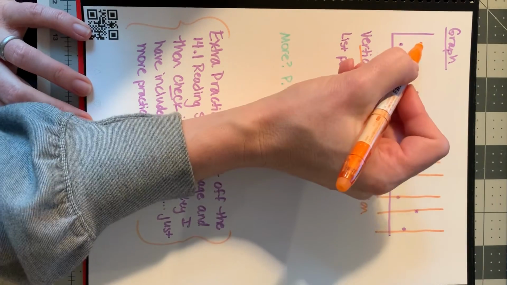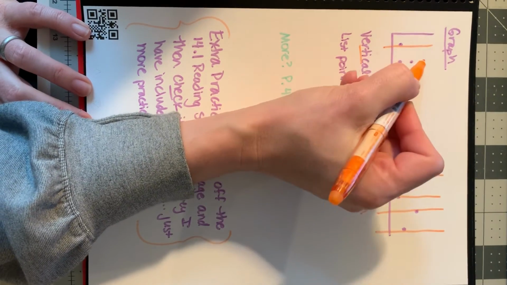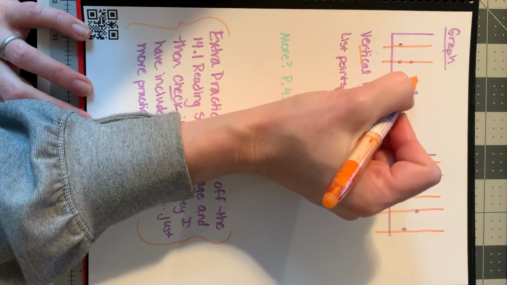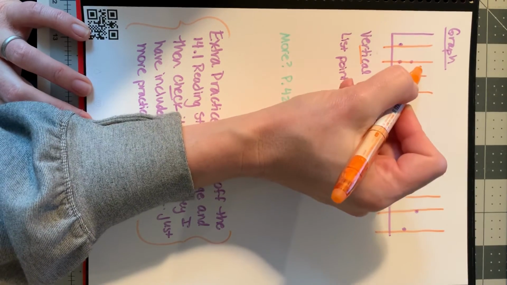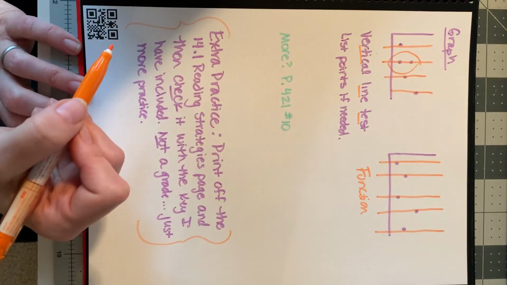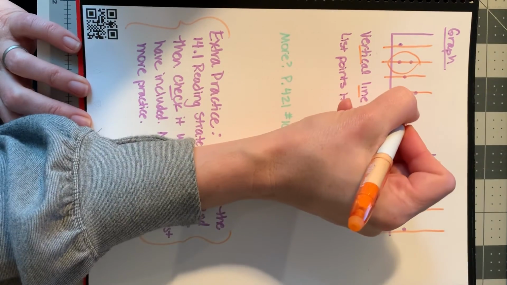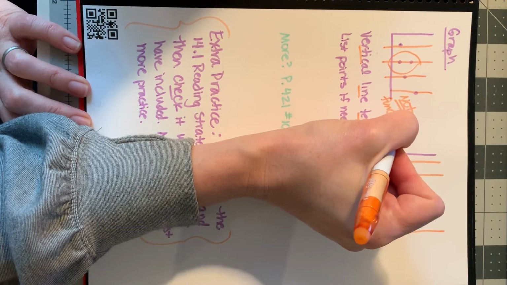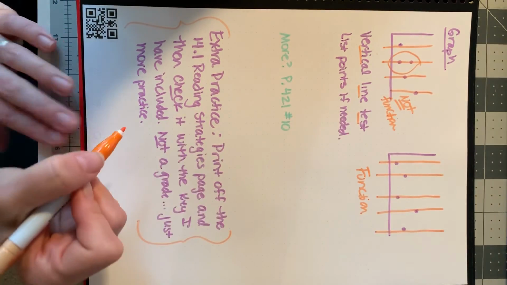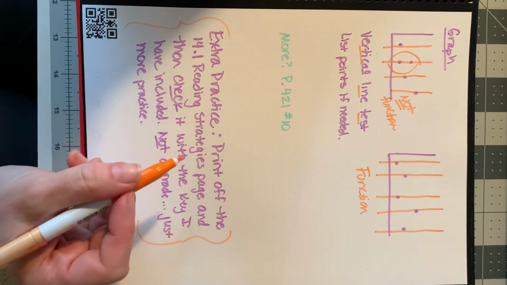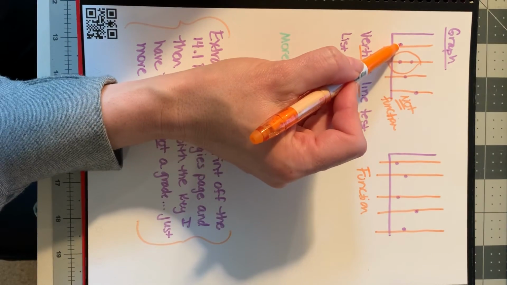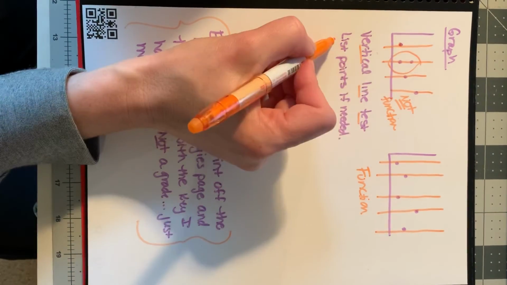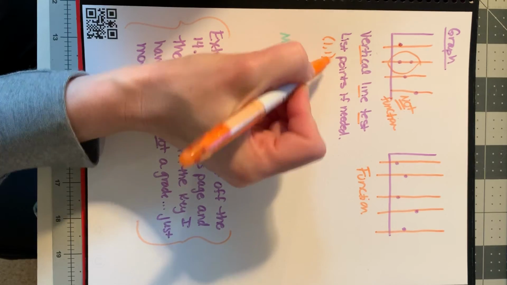However, in this graph, when I draw a line here, I pass through more than one point. So this is not a function. Okay, and again, if you want to test this with points, look at what the coordinates of these would be. Let's say the coordinate of this point would be 1, 1.